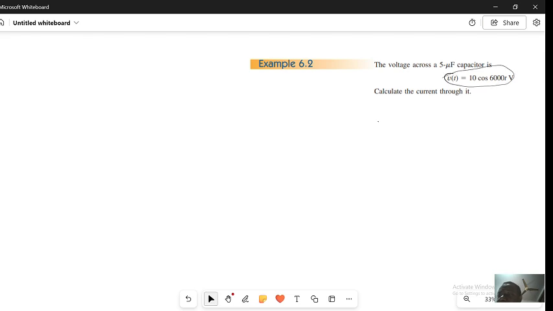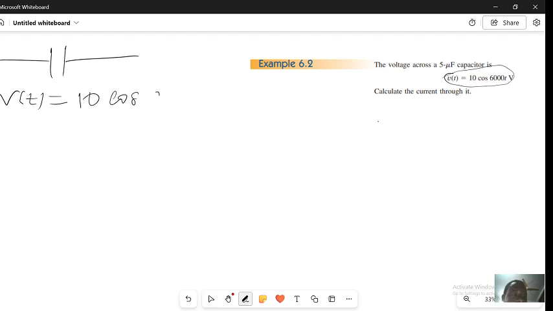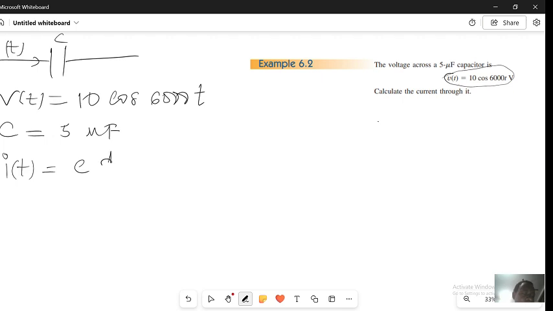I have the voltage v(t) equal to 10 cos 6000t, and you give me the capacitance equal to 5 microfarad. Now you told me to determine the current i(t). We already saw the formula to determine it. We know the relation between the current and the voltage, C times dv/dt.